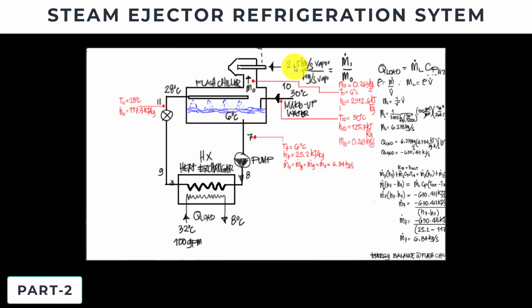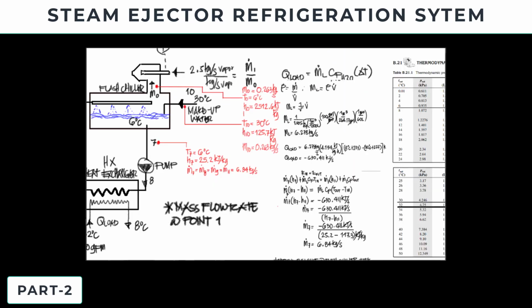Now to solve the mass flow rate of the steam that is required to flow in your nozzle, we have given previously that we have 2.5 kilogram of vapor per kilogram of vapor refrigerant, which is equal to the mass flow rate 1 over mass flow rate O. So since we have the value of your mass flow rate at O, we are able to solve the mass flow rate 1.